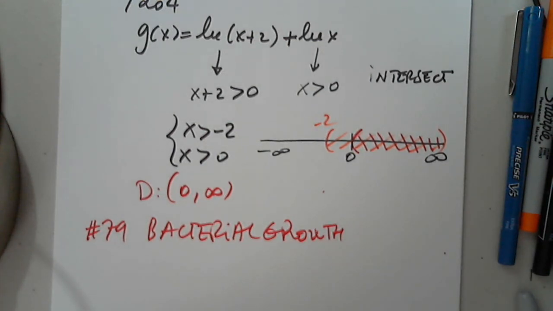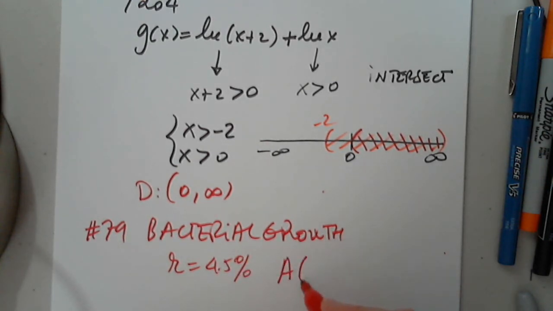So a biologist swabs a sample of bacteria into a petri dish, and the original colony covers an area of 2 millimeters squared. Every hour, the colony area increases by 4.5%. So the rate is 4.5%. Write a function of the form. We know the form.